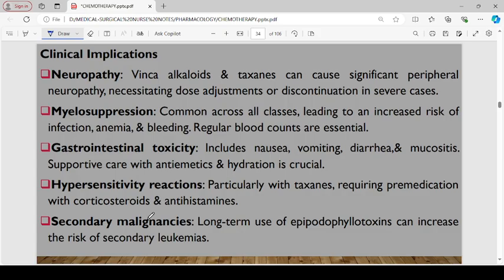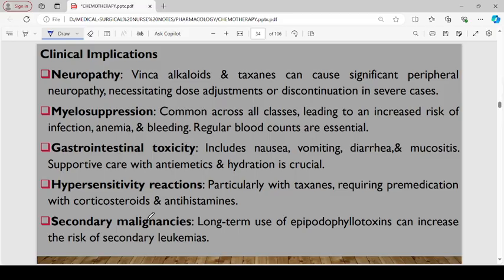All right. Next, we have gastrointestinal toxicity, which includes nausea, vomiting, diarrhea, and mucositis, where supportive care with antiemetics and hydration is very crucial. Hypersensitivity reaction normally occurs, particularly with taxanes, and will require pre-medication with corticosteroids and antihistamines.